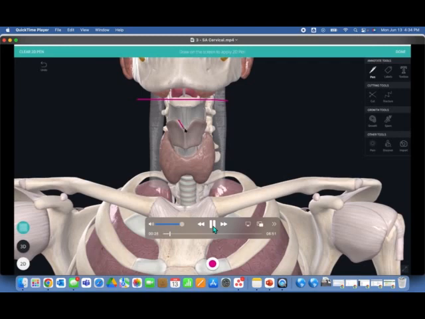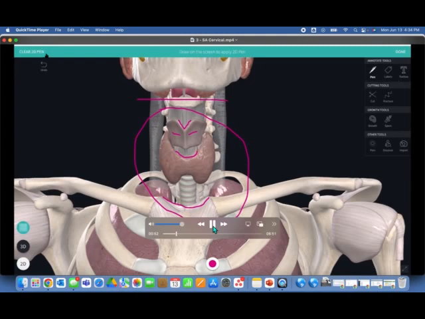Second, the V-notch of the thyroid cartilage. Thirdly, the smooth lateral surface of that thyroid cartilage. We'll then look at the cricoid cartilage, and then lastly, the sternal notch further distally. So these would be our anterior structures.